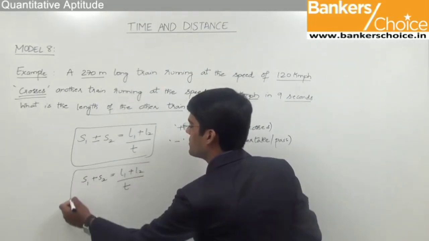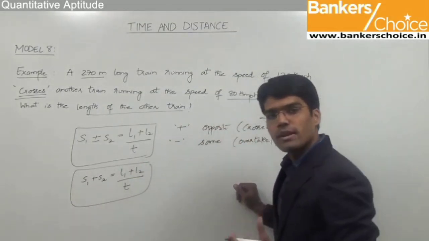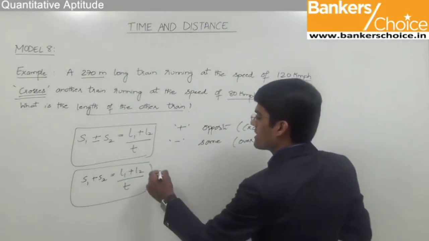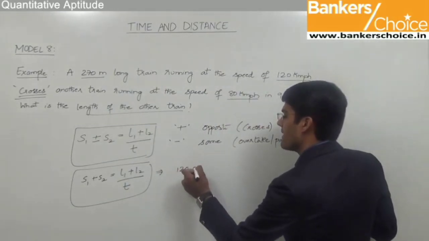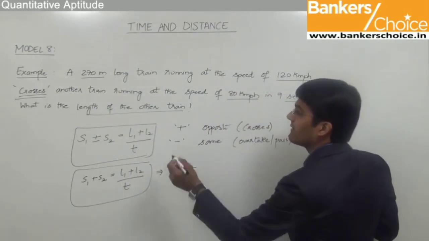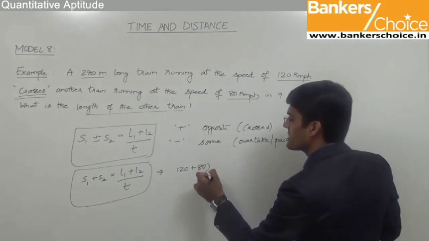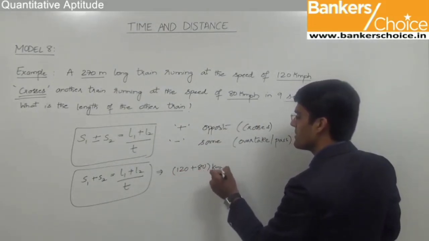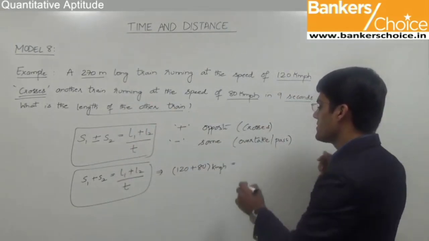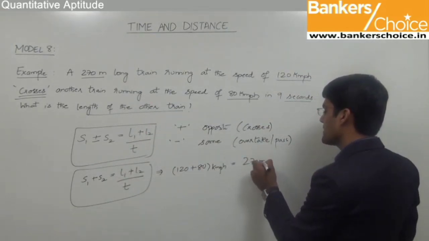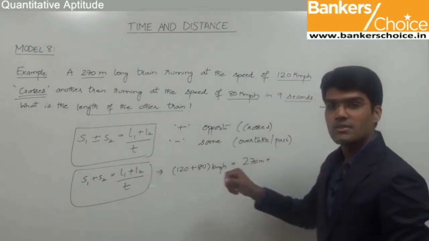So let us now substitute the values and try to get the required answer. The speed of the first train here is 120 kilometers per hour and the speed of second train is 80. So 120 plus 80, this is in kilometers per hour, should be equal to L1, the length of first train is 270 meters, plus the length of second train is to be calculated.